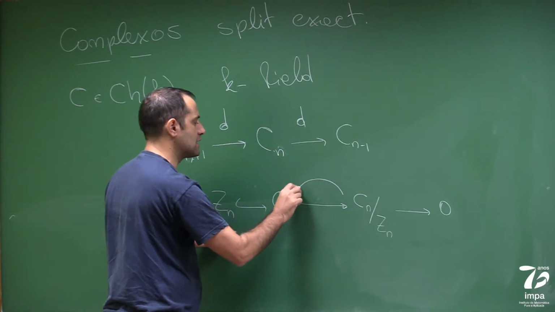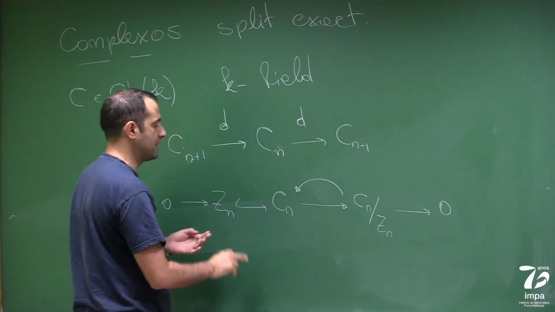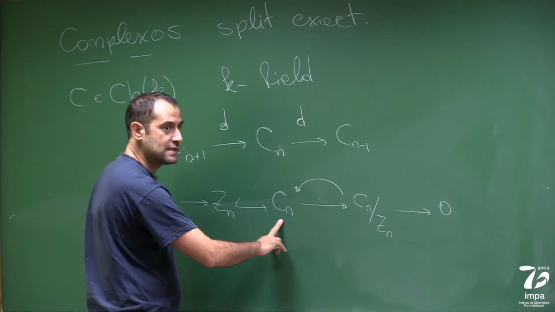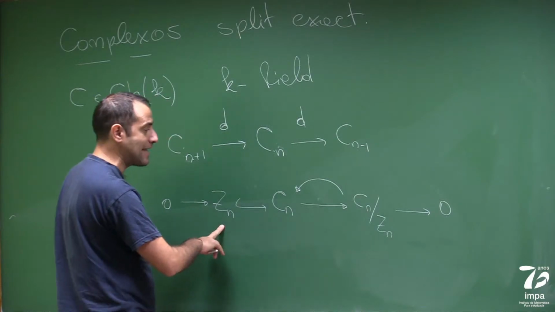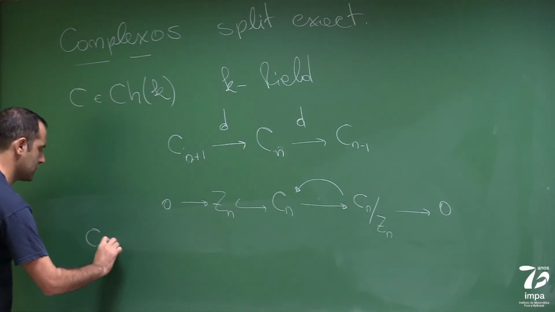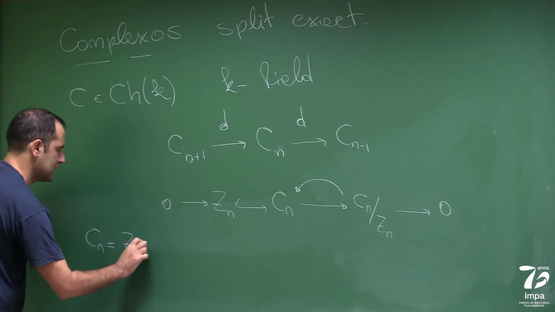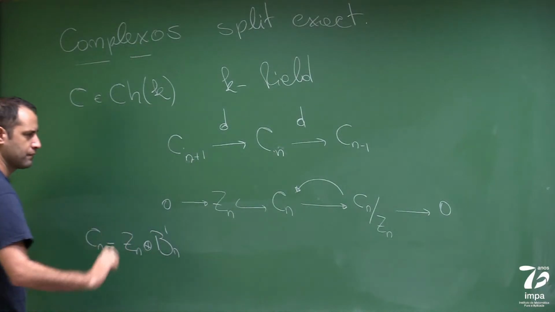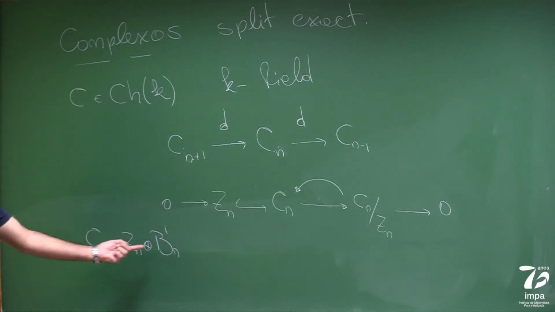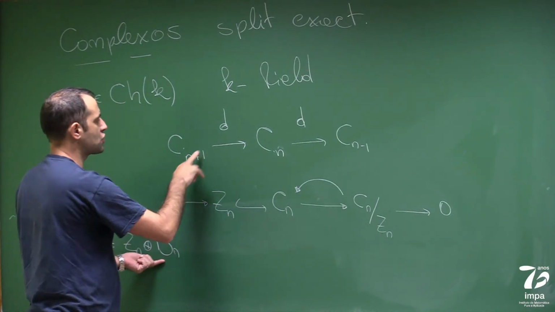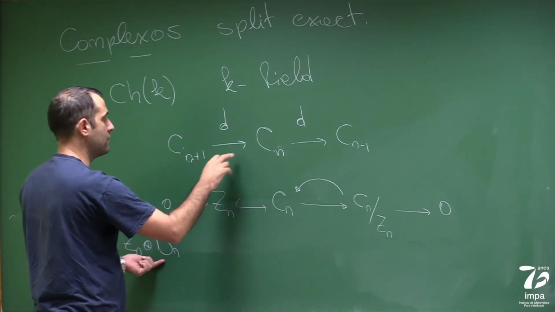There's always a splitting, so you can always find a subspace of this C_n which is complementary to this Z_n, and this is what we were calling last time, just like the book, Z_n plus this B prime n. And the reason we're using this letter B is that the image of this D inside of C_n is B_n.